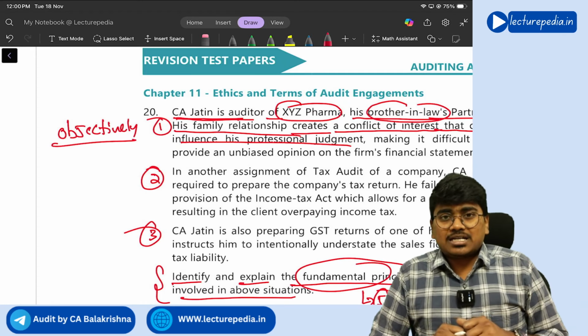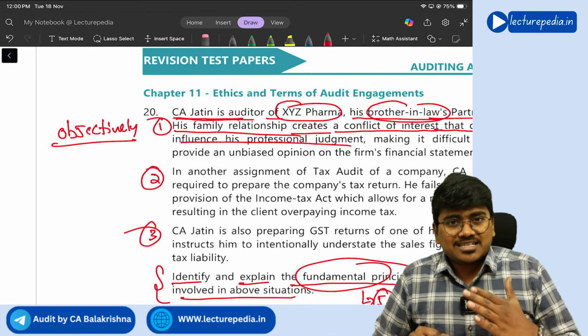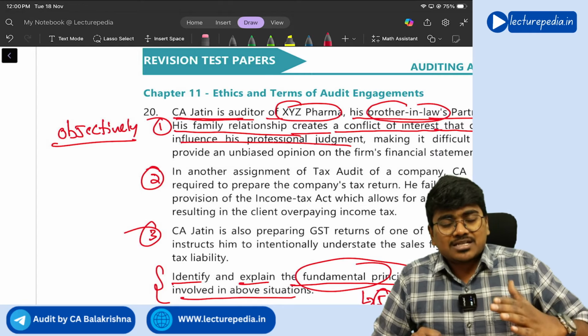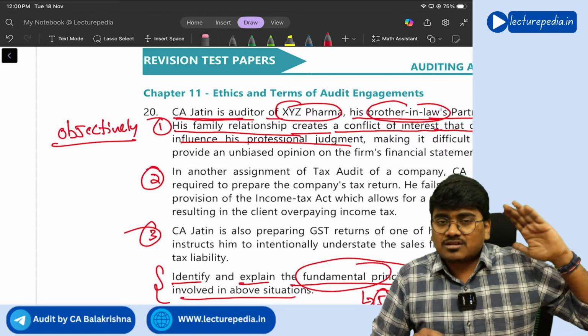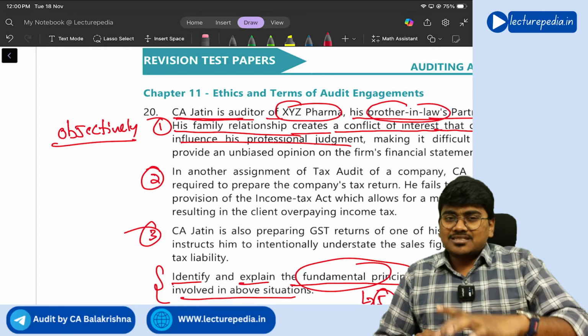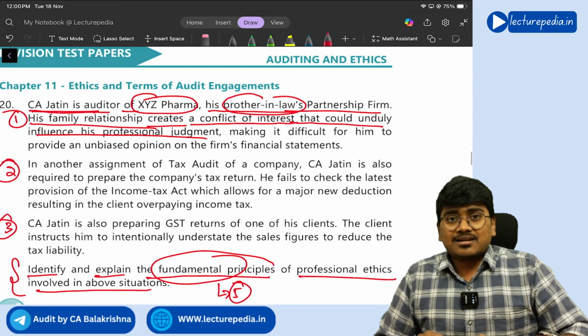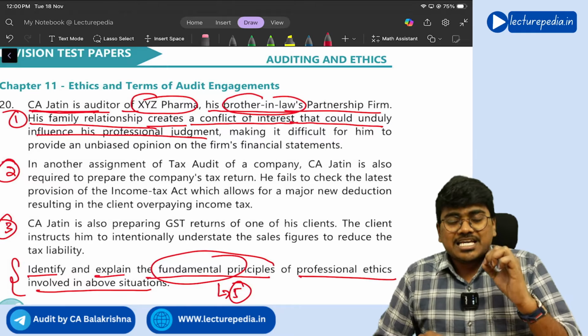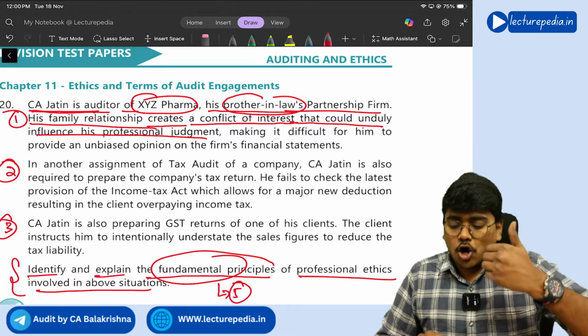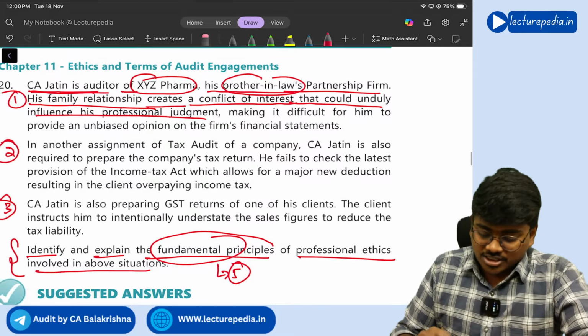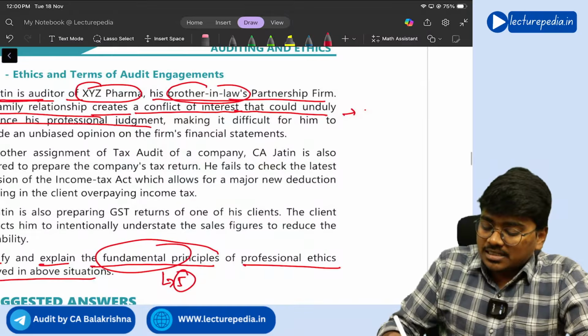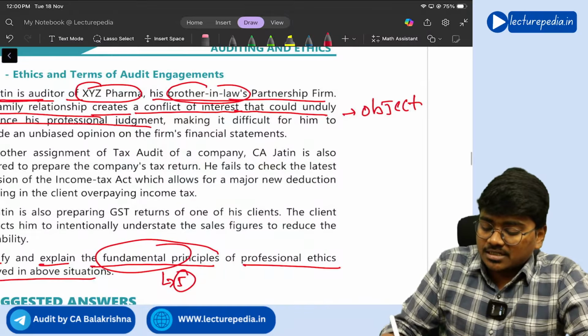Objectivity means taking decisions without being influenced by the will and wish of third party, right? But in this situation, since it is your brother-in-law's partnership firm, you will be influenced, so you will lack objectivity if you accept this engagement. So here involved element is objectivity.